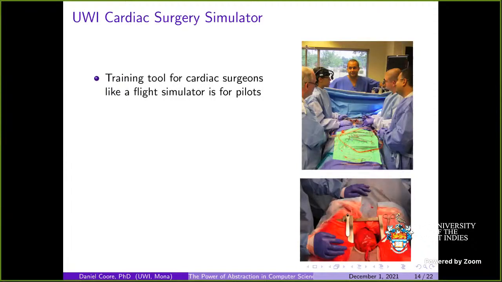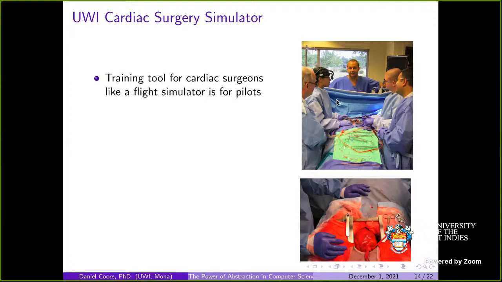The picture on the right shows you what the simulator looks like, the top picture, and that's actually Dr. Ramphal, who's the co-inventor. It's actually his brainchild, and he recruited me onto the team. But this is what it looks like when it's set up. So this is what a patient would look like when they're prepared for the operating room, just before they would undergo open heart surgery.